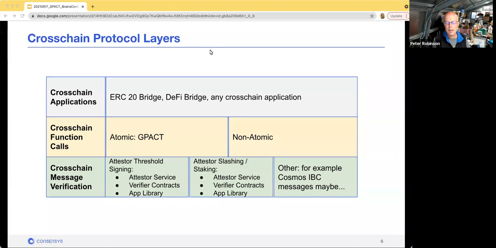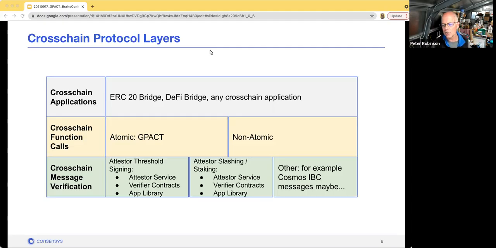The GPACT protocol sits on top of a cross-chain message verification layer, where you've got a whole lot of alternative approaches to essentially having some information be proved to have come from a certain blockchain, and have, say, either a set of parties attest to that fact, or maybe you have some sort of trustless mechanism to prove that the value came from there. There are a whole stack of methodologies for doing it, but whatever the methodology, GPACT sits on top of that.